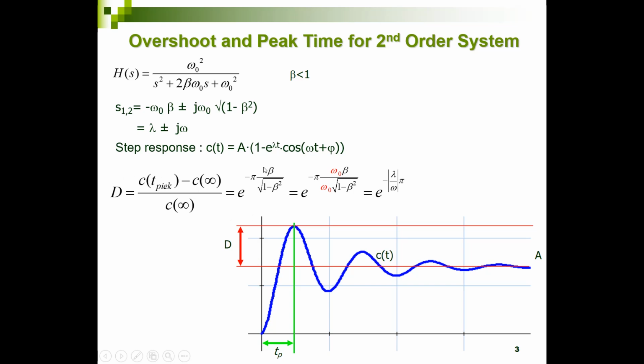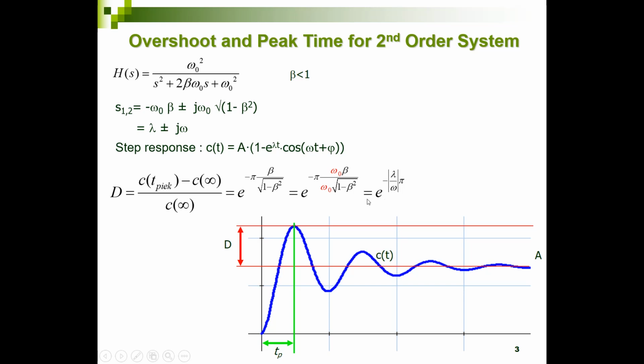What you can also do, when you have this signal description, is take the derivative, which gives you the expression for Tp, the peak time, and fill that in, and then you get an expression for the maximum value, which is the overshoot. And when you do that, it turns out that the overshoot is equal to e to the power minus the absolute value of lambda divided by omega times pi.